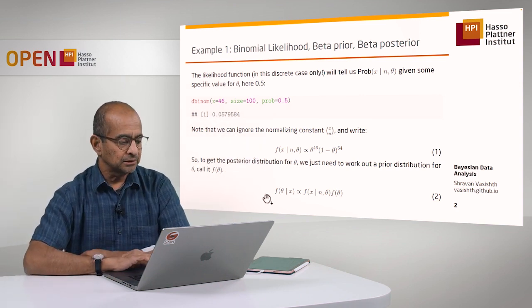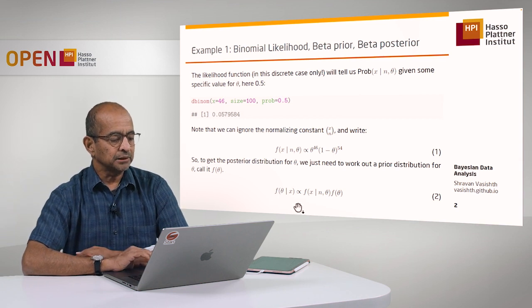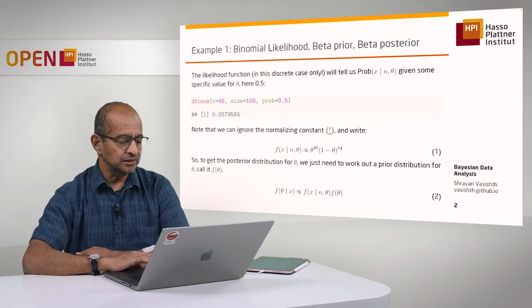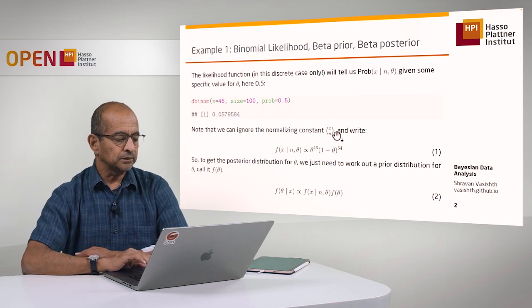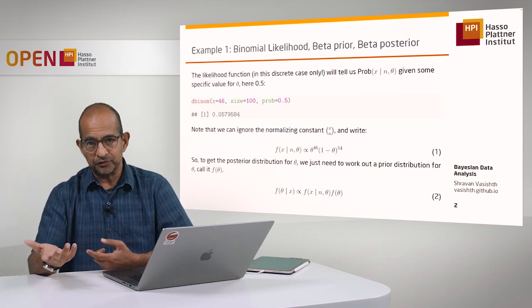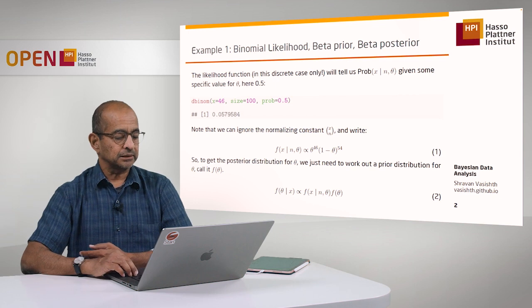This posterior distribution can be calculated up to proportionality, so ignoring the normalizing constants, by multiplying the likelihood, which we've got here, with the prior. Now, I said the prior, but I haven't actually defined the prior for theta. So that's what I'm going to do next.